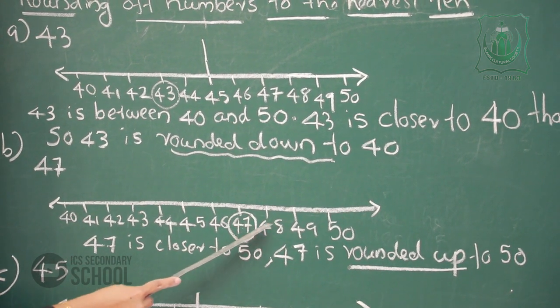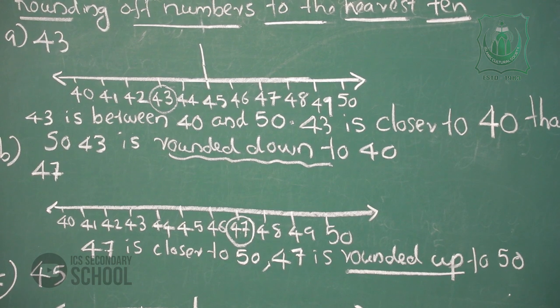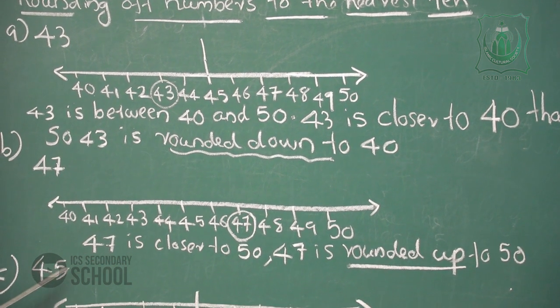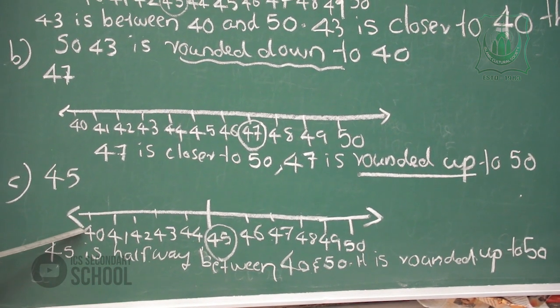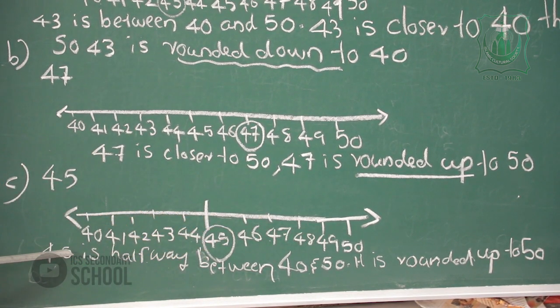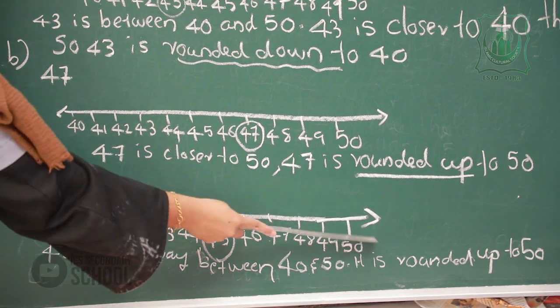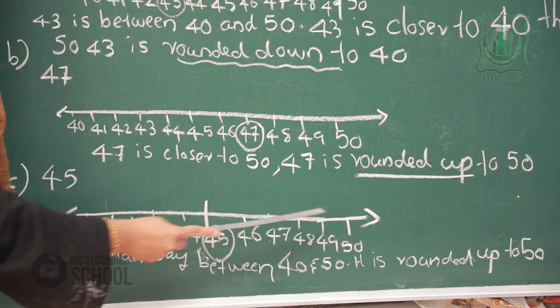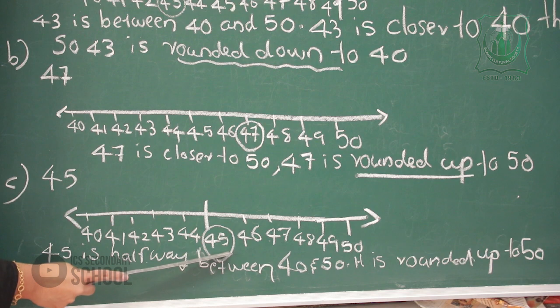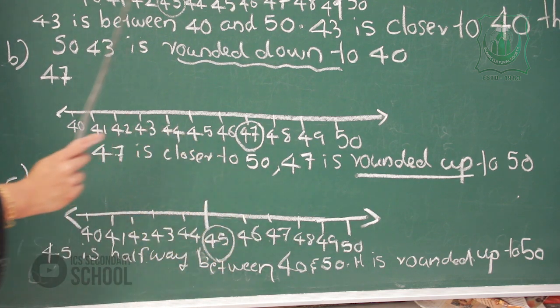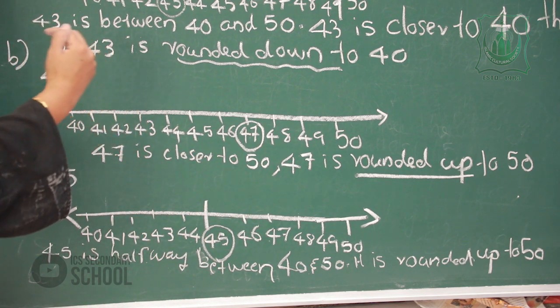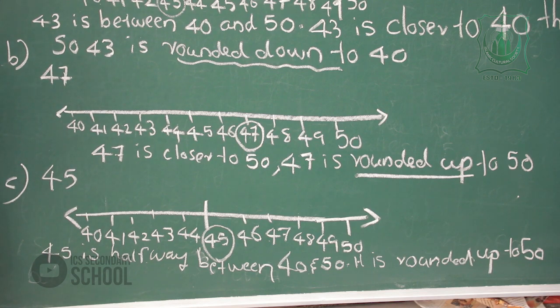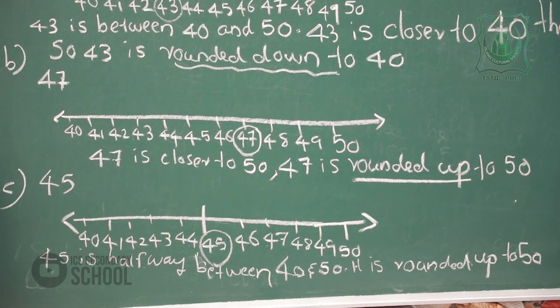That means it is close to 50. And the last one is 45. 45 is halfway between 40 and 50, but it is not rounded down, it is rounded up to 50. If a number is halfway, it is rounded up to the greatest number.